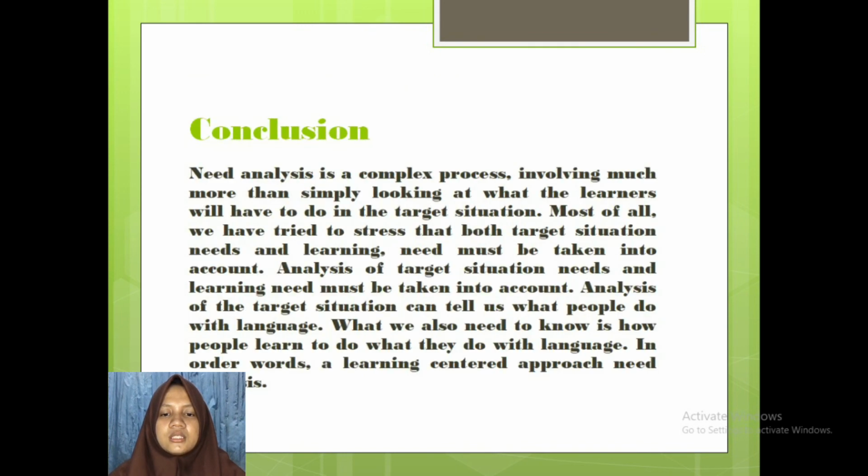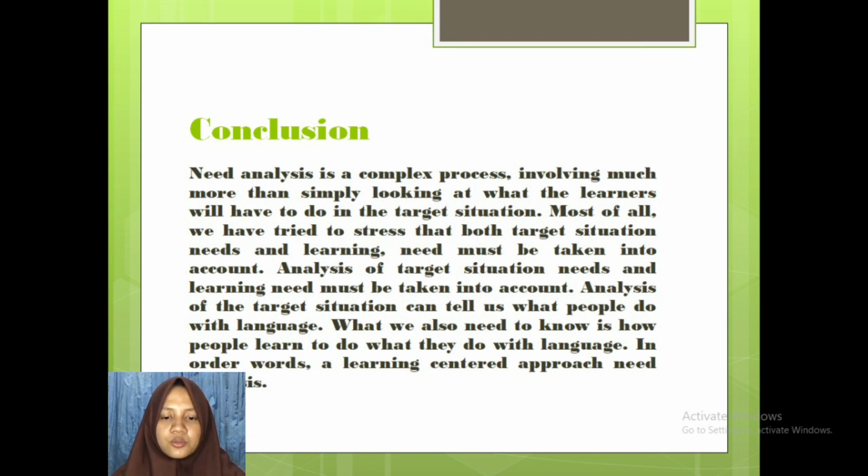In conclusion, needs analysis is a complex process involving much more than simply looking at what the learners will have to do in the target situation. Most of all, we have tried to stress that both target situation needs and learning needs must be taken into account.